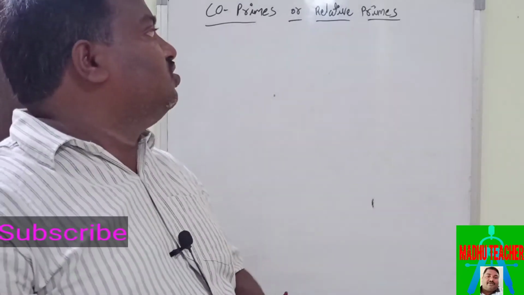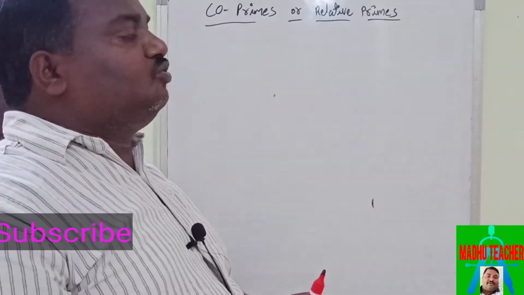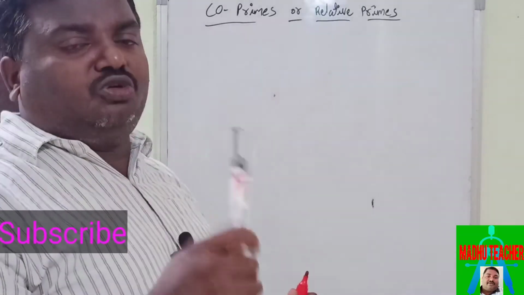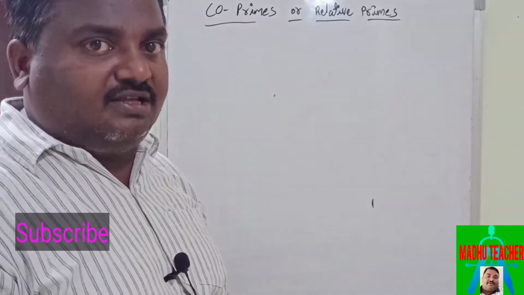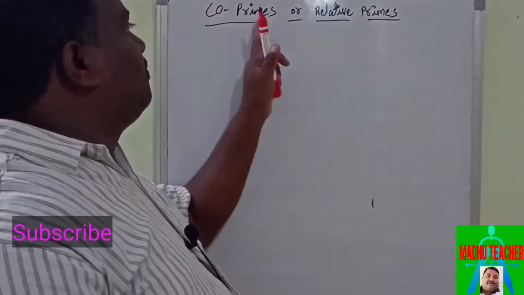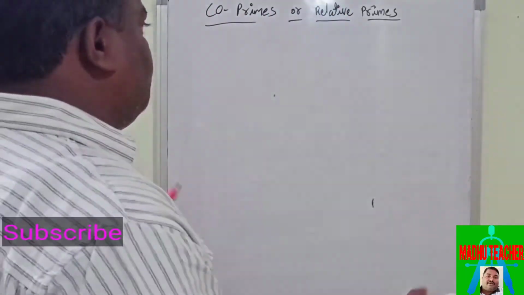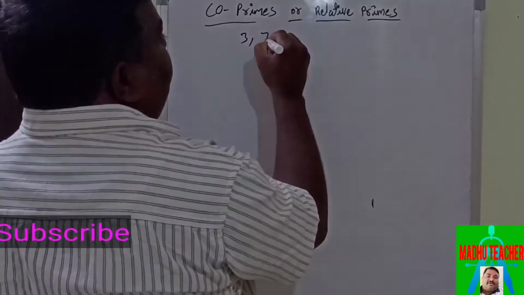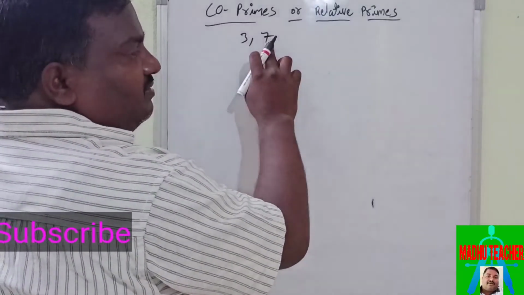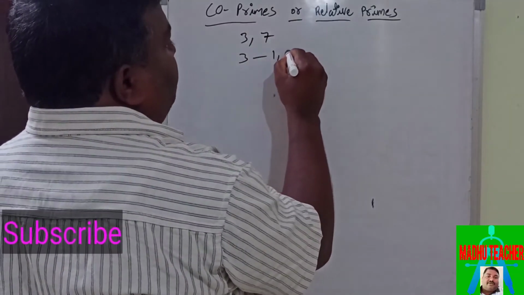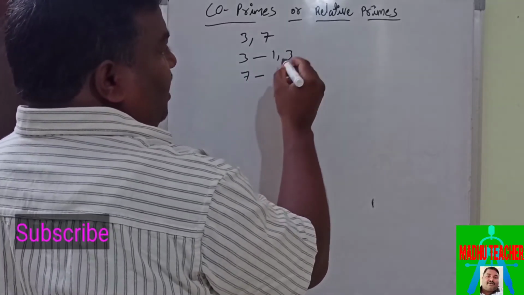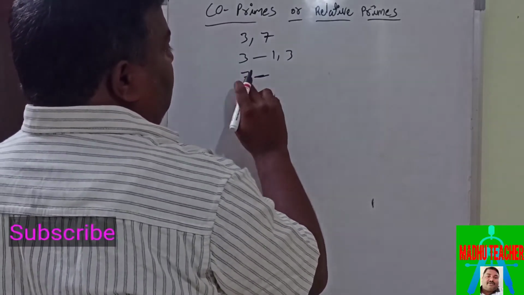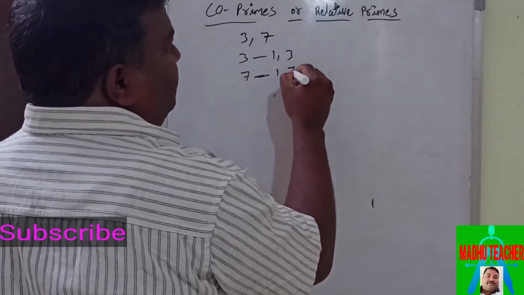Okay, next one is co-primes or relative primes. Two numbers which have only 1 as a common factor are co-primes or relative primes. Suppose 3 and 7. 3 has 1 and 3 itself as factors. 7 has 1 and 7 itself.